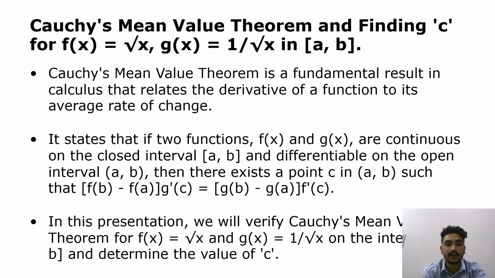It states that if two functions f(x) and g(x) are continuous on the closed interval [a, b] and differentiable on the open interval (a, b), then there exists a point c in (a, b) such that [f(b) - f(a)] g'(c) = [g(b) - g(a)] f'(c). In this presentation, we will verify Cauchy's mean value theorem for f(x) = root x and g(x) = 1 by root x on the interval [a, b] and determine the value of c.